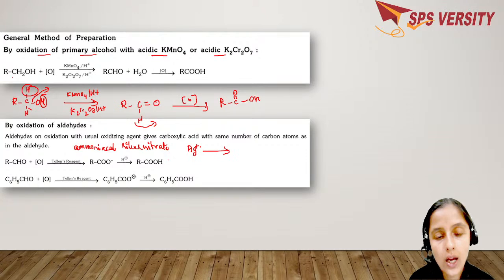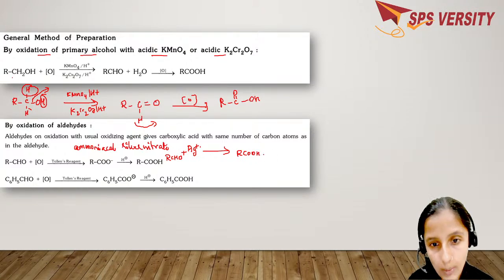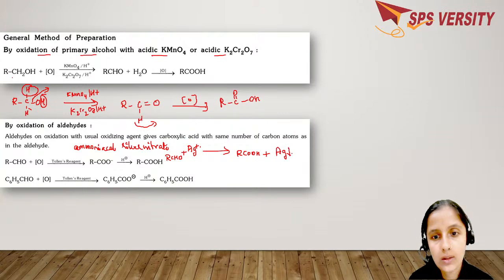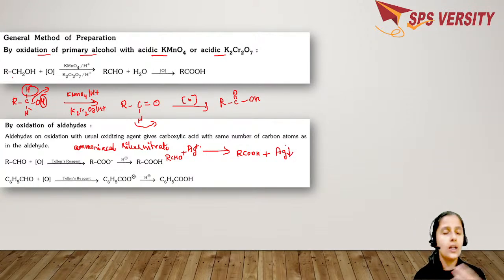During the reaction, RCHO, that's the aldehyde, gets converted to RCOOH, the carboxylic acid, and the Ag+ gets reduced to Ag, which forms a silver mirror in the test tube in which you carry out this test. So you take the aldehyde, treat it with ammoniacal silver nitrate, and boil it in a boiling water bath, and you get the carboxylic acid, and the silver gets precipitated. This is the second method of preparation of carboxylic acid.